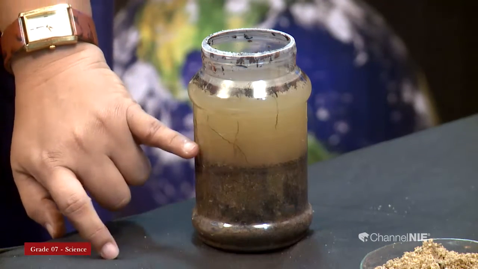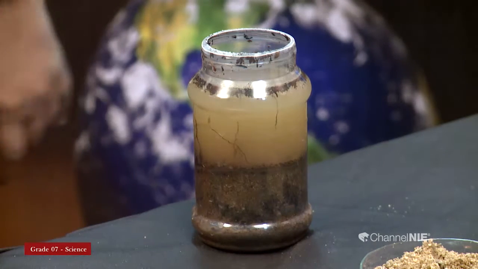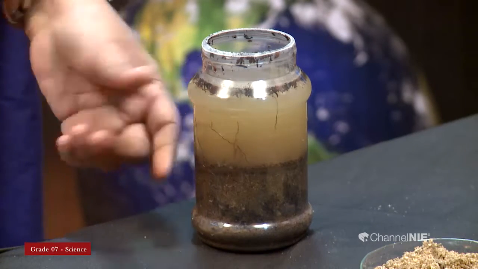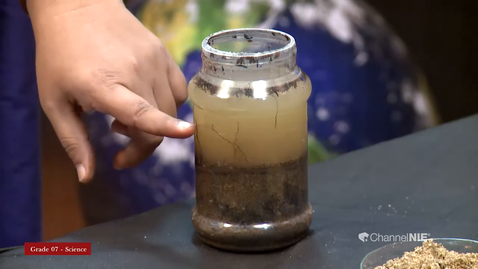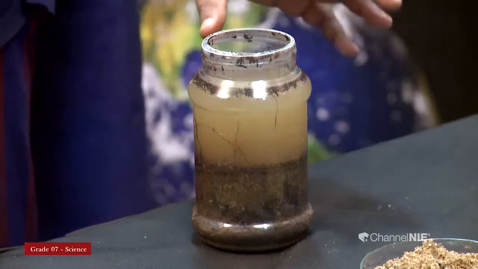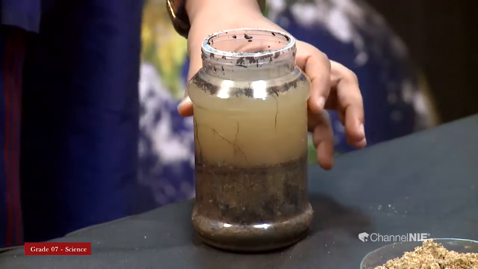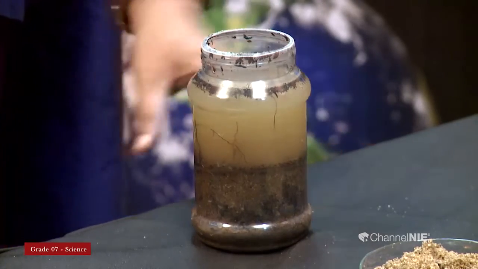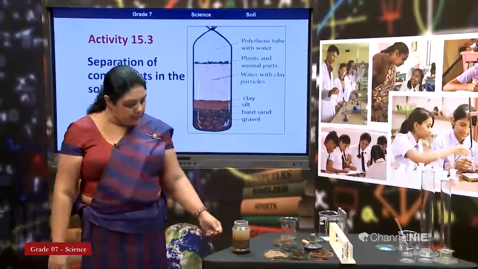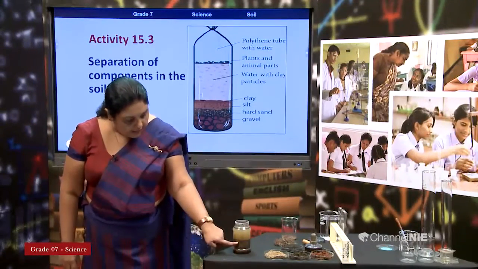Secondly, there is water in which the clay particles are dissolved. So, clay particles are there, that is why that water is not very clear. But still, if you keep this for a little longer, you will see that it will also become clearer. Then next layer, you can see it is a clay layer. Can you see this clay layer?